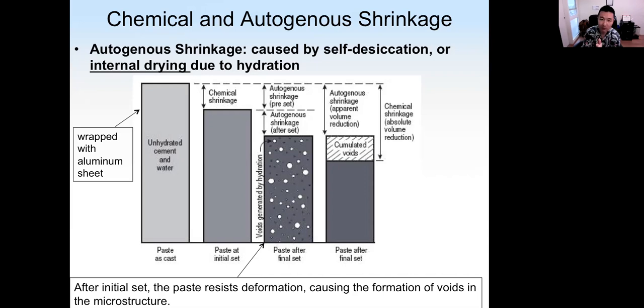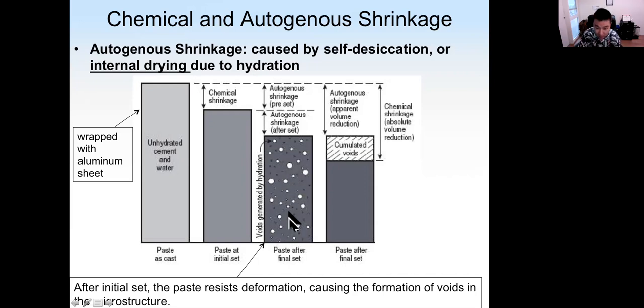But after concrete sets, the total external volume cannot change freely because concrete becomes a solid. So after initial set, the paste will try to resist this deformation due to chemical shrinkage. That will cause formation of tiny voids in the microstructure.